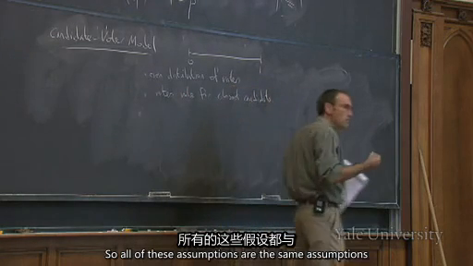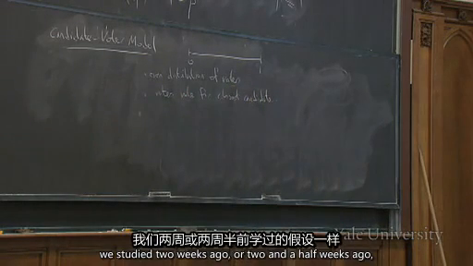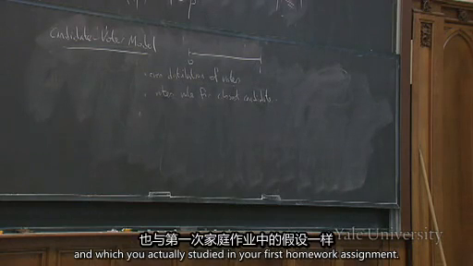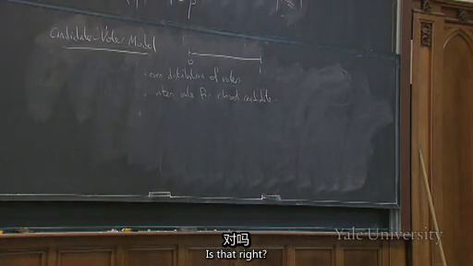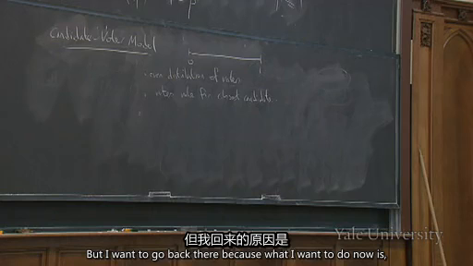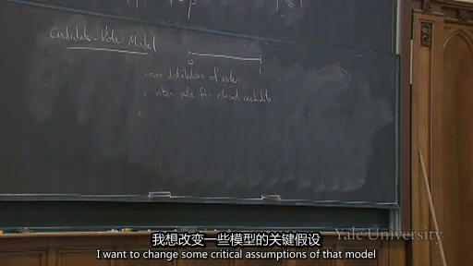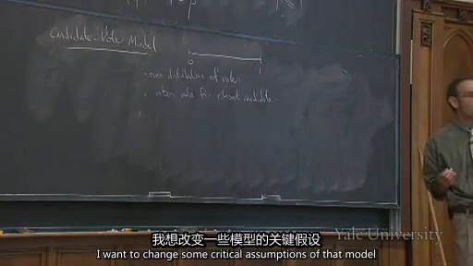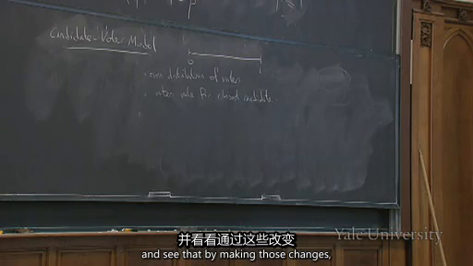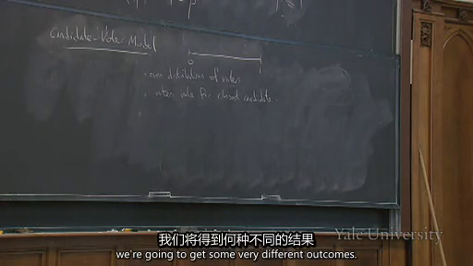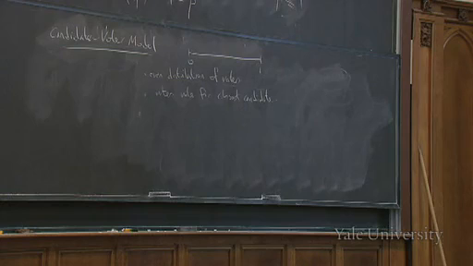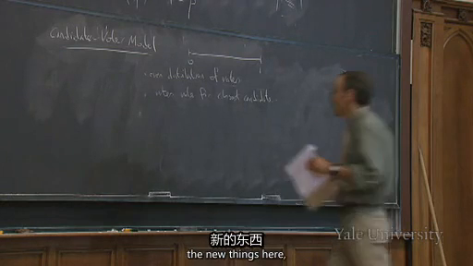All of these assumptions are the same assumptions we studied 2 weeks ago, or 2.5 weeks ago, and which you actually studied in your first homework assignment. But I want to go back there, because what I want to do now is change some critical assumptions of that model and see that by making those changes, we're going to get some very different outcomes.